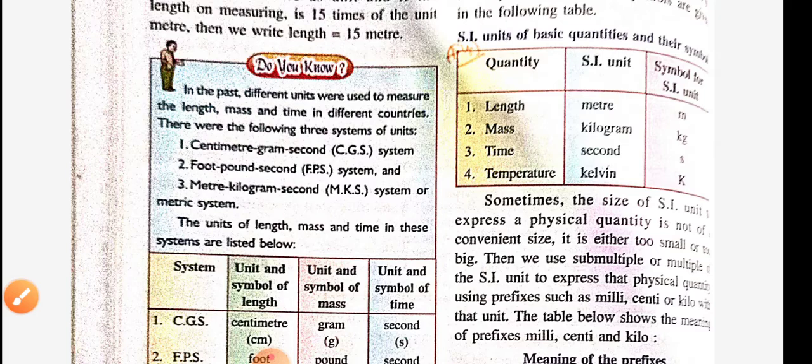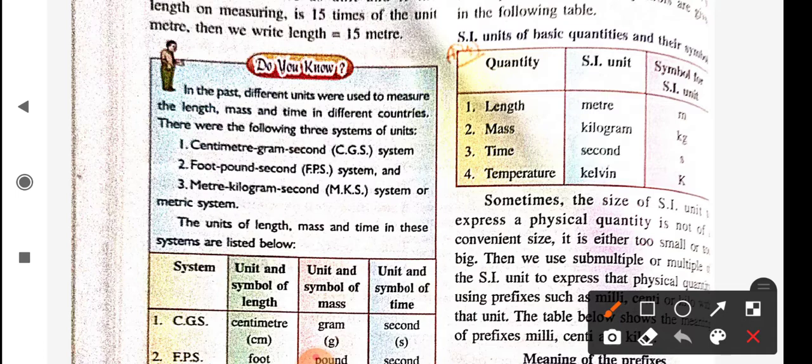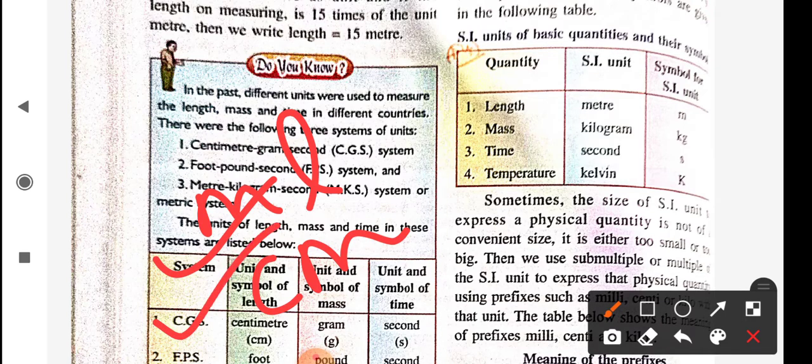But students, sometimes the size of the SI unit used to express a physical quantity is not of convenient size. It's either too small or too big. Then we use a multiple or submultiple of the SI unit to express that physical quantity, using prefixes such as milli, centi and kilo, like millimeter, centimeter, kilometer.